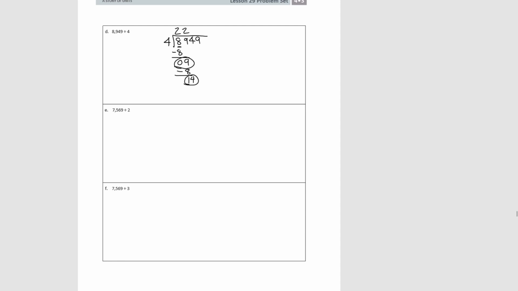So we have 14 tens. We can put 3 in each group and use 12 tens. We have 2 left. We'll decompose into ones and add it to the 9 that are there. We can put 7 in each group. 7 times 4 is 28. We have a remainder of 1.